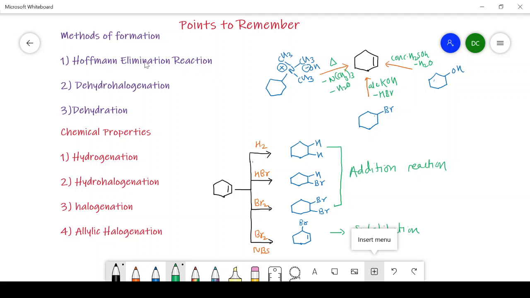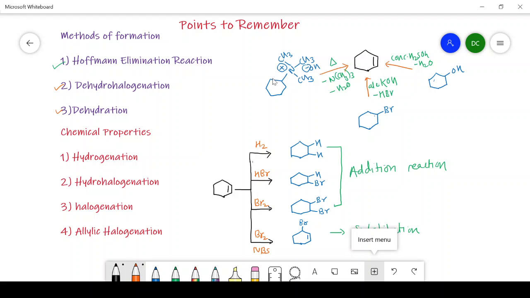In this lecture, we have learned the meaning of cycloalkene and its nomenclature briefly. Along with this, we have learned methods of formation starting from Hofmann elimination reaction, dehydrohalogenation and dehydration. All the methods involve a cyclic compound as a starting material, and here I have written all the reactions.